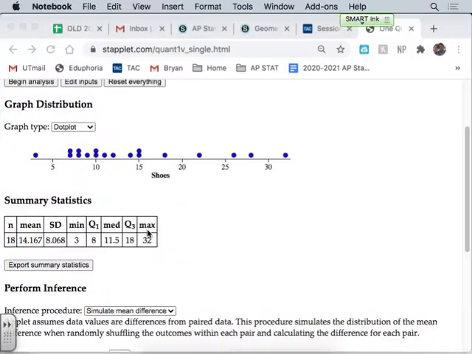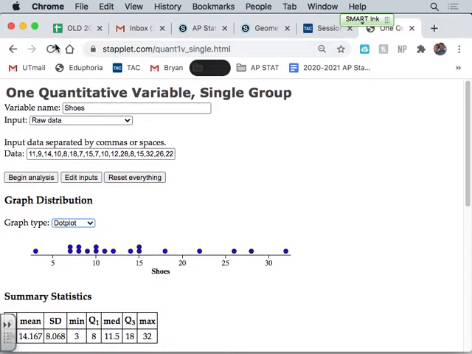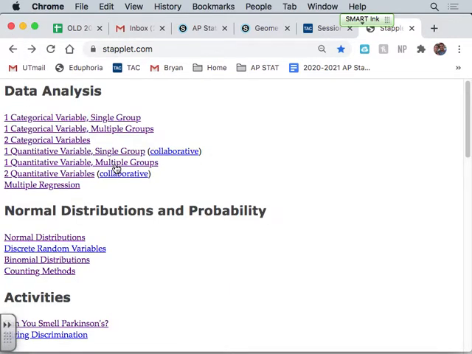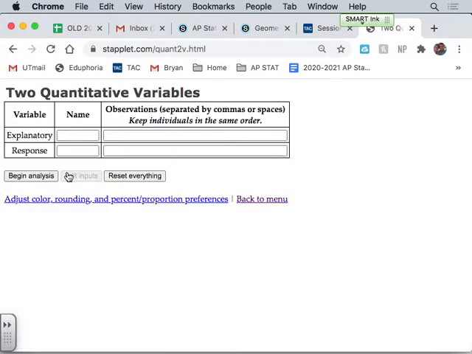So I'm going to come here and go back to Statplet. With this one, we are going to use one quantitative variable, multiple groups. Because if you click on the two quantitative variables, it wants explanatory and response, and that gets into the least squares regression line, which I'm not wanting to do.